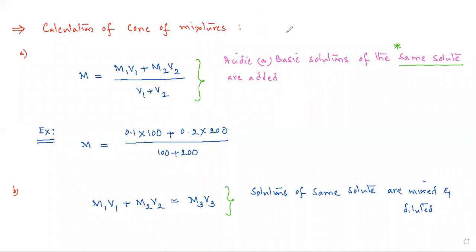That is interesting. Mixed and diluted to a different volume. The different volume is your V3. V3 is nothing but V1 plus V2 plus the water you have added.